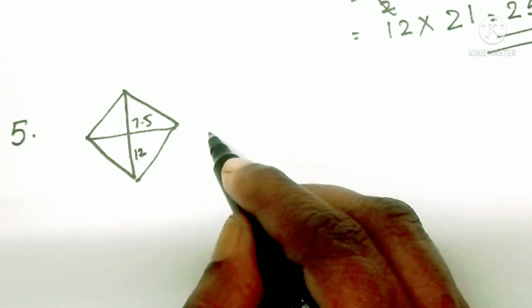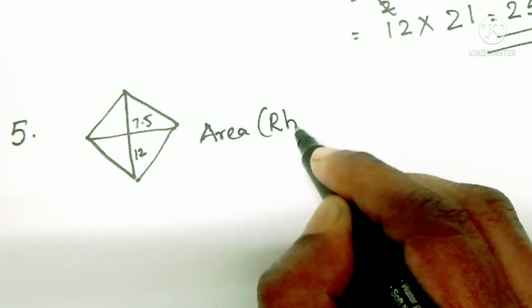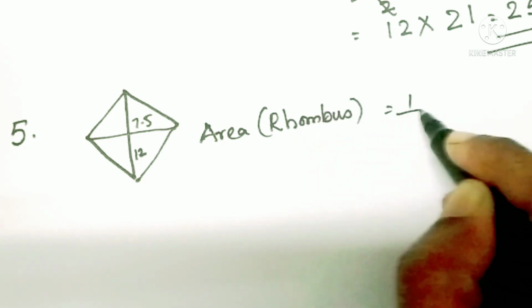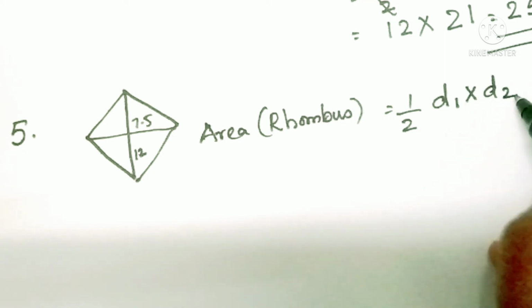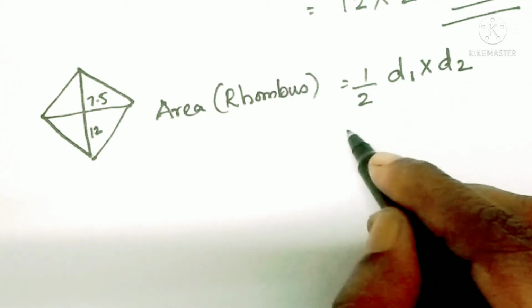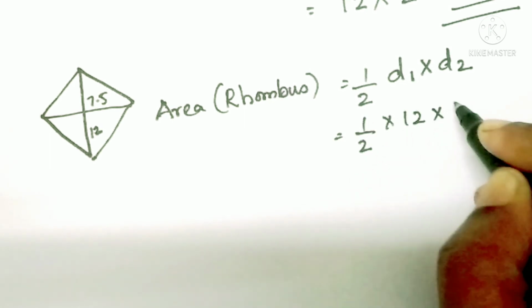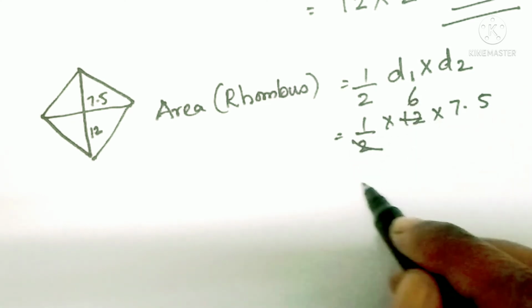And we know that area of rhombus, what is the formula? Is equal to half into diagonal 1 into diagonal 2. So what is diagonal 1? Half into diagonal 1 is 12 and diagonal 2 is 7.5. So when you do the cancellation, 6.